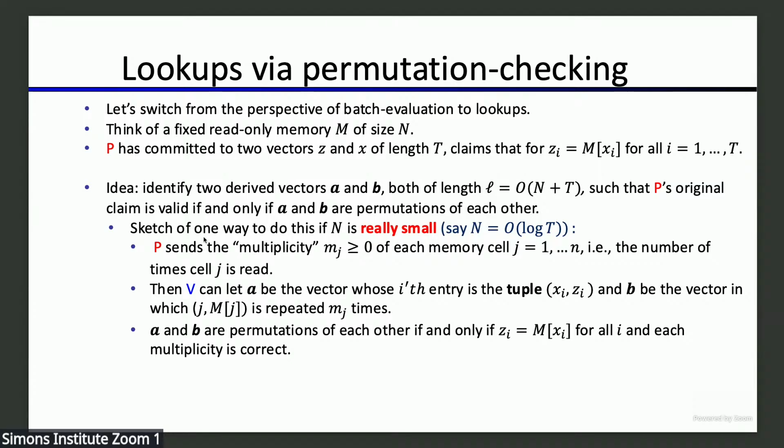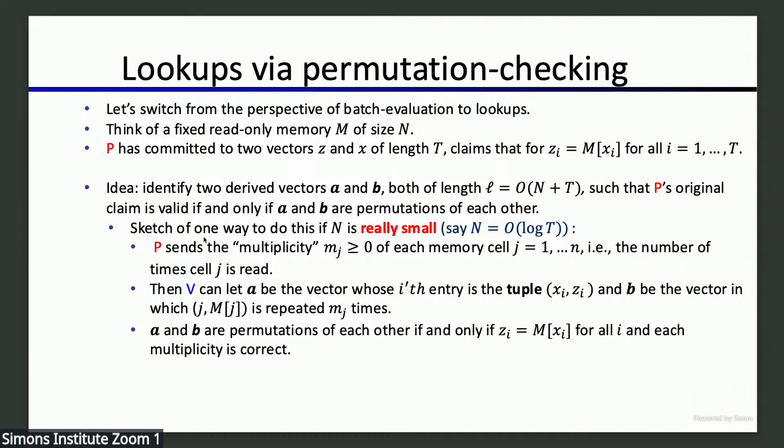And so the claim is that for i equals 1 to T, for each entry of x and z, z_i is just what the memory stores at cell x_i. Is M more or less what you called F on the previous slide? Yeah. M is storing all evaluations of F. That's the correspondence between this view and the other view. M is a truth table. Yeah, exactly. It's the same primitive, just viewed in two different ways.